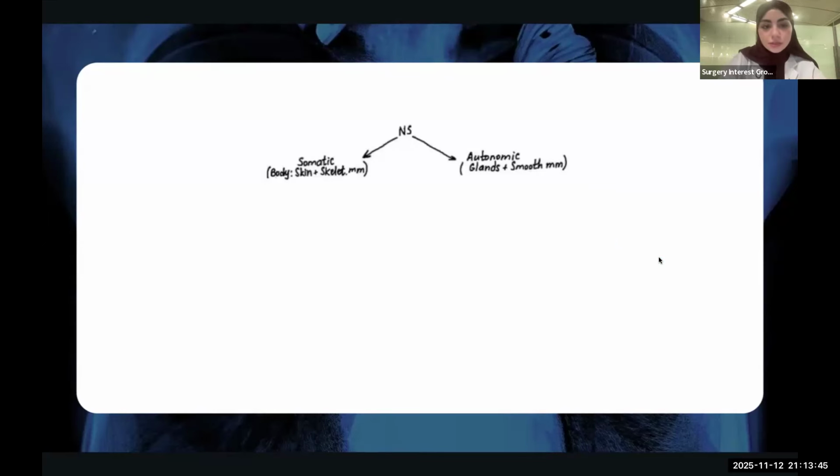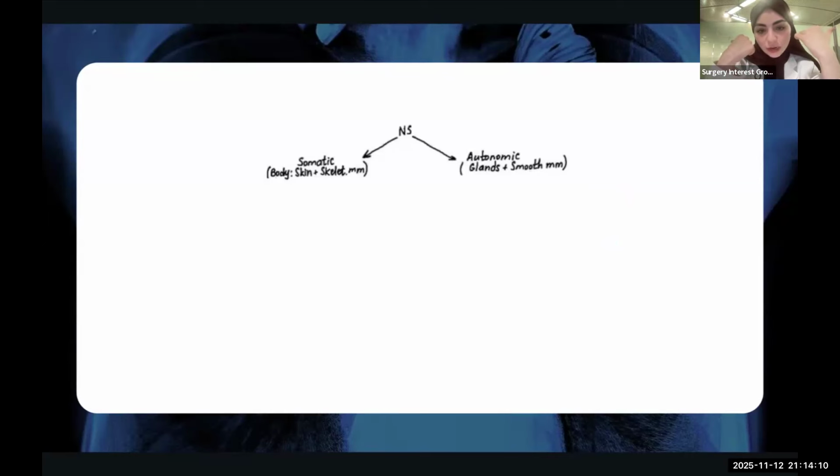The nervous system is divided anatomically into central and peripheral. The peripheral nervous system is further divided into, hold on. Yeah, specifically the peripheral nervous system is divided into somatic and autonomic. Somatic means what? Means body.